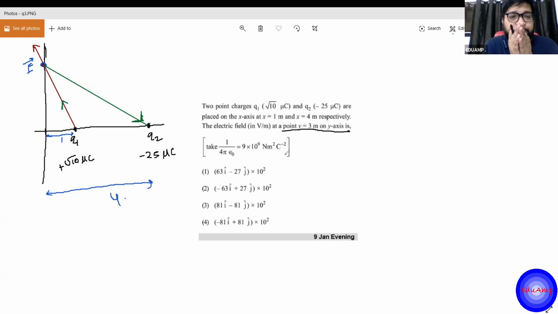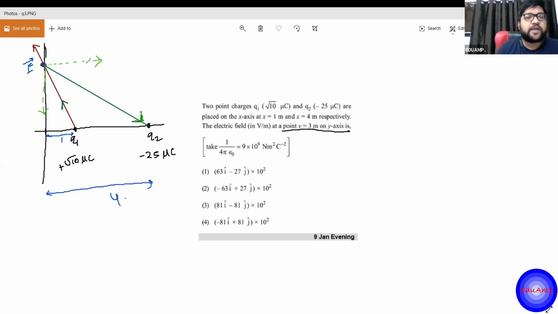Now try. You just have to find the resultant, and to find the resultant, find the magnitude of this force and then take the component. Let's say for the green one, it is in this direction. So you break it into components in x direction and y direction, into this and this direction.